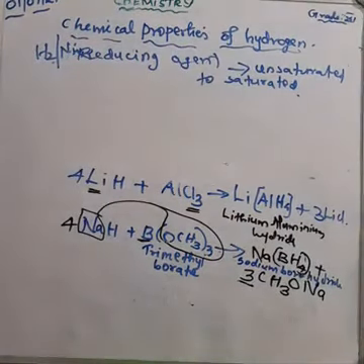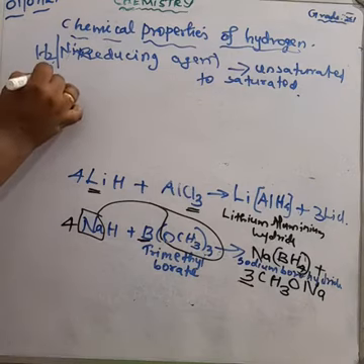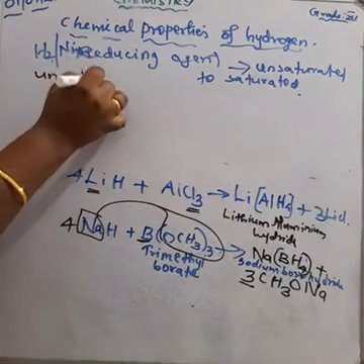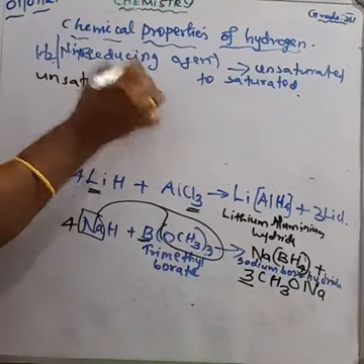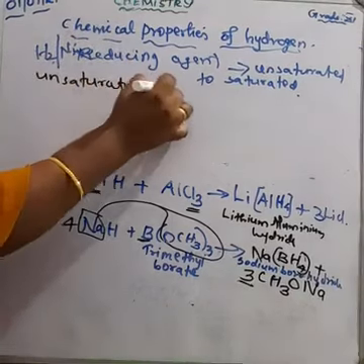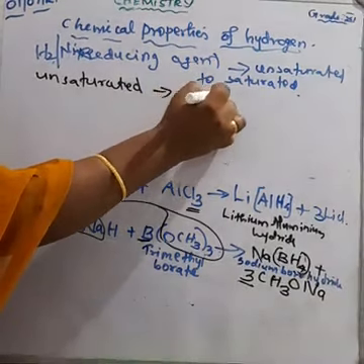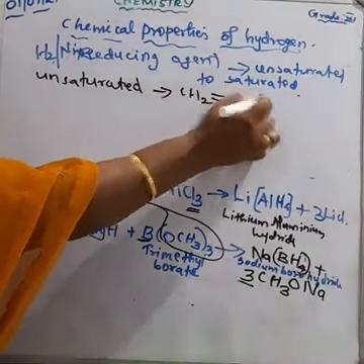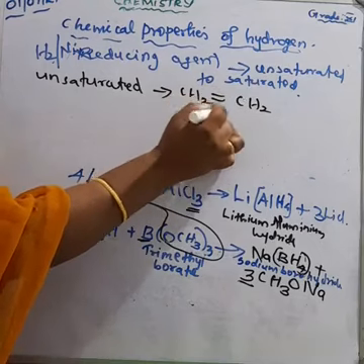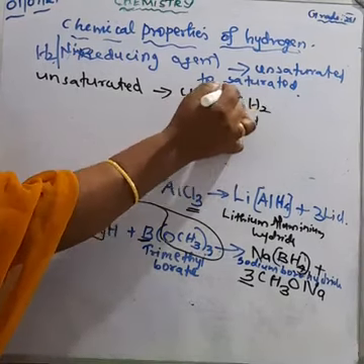So what do you mean by unsaturated compound? What do you mean by saturated here? Unsaturated means when a compound has a double bond or triple bond, that is called unsaturated.